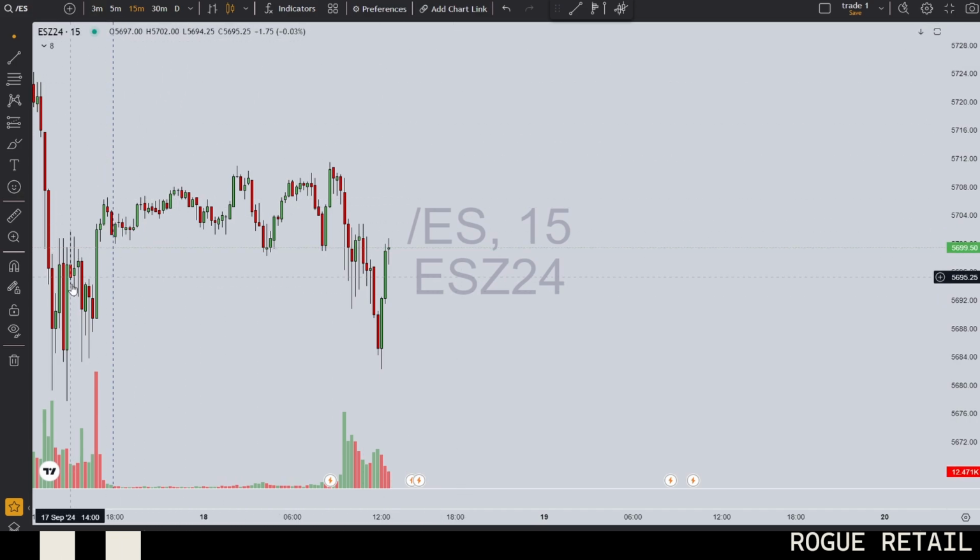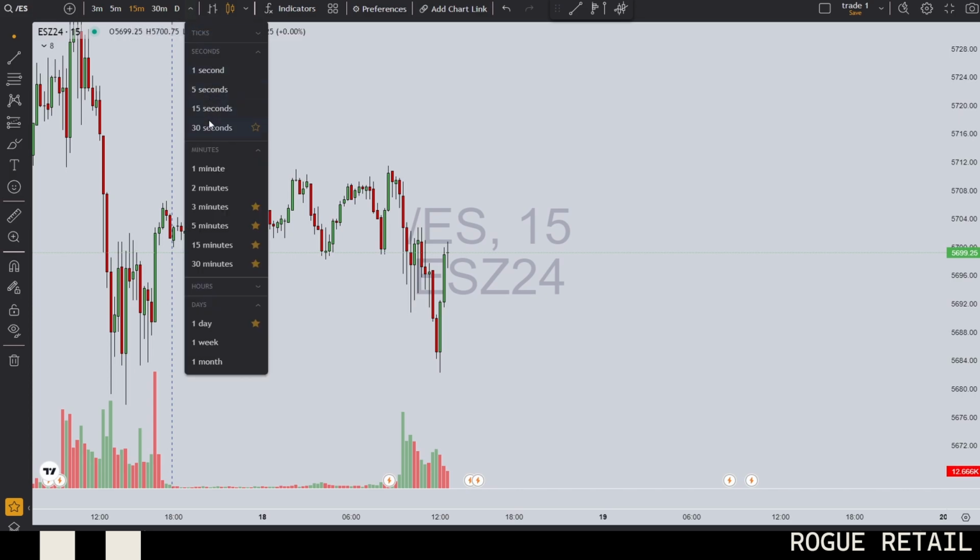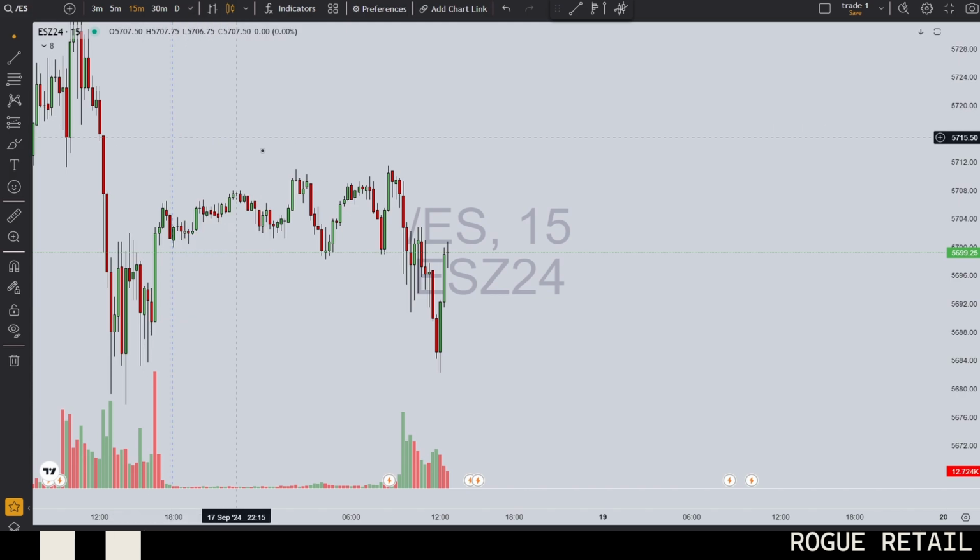If we go up to the tip top here, we're going to have our time frames. And so with time frames, you can pretty much use any time frame that you'd like. And this is going to basically set the time to the tick style. So for example, right now we are in the 15-minute time frame.